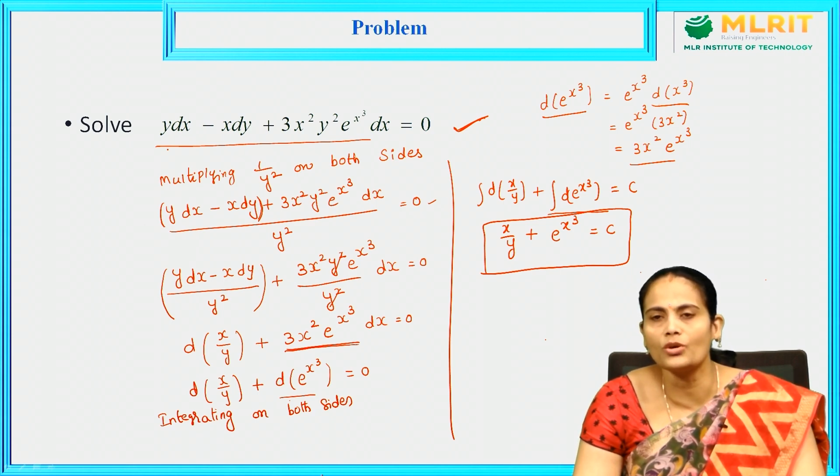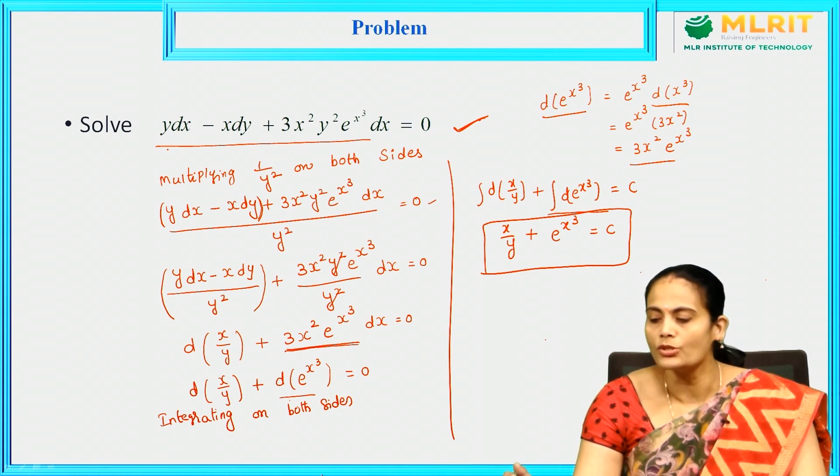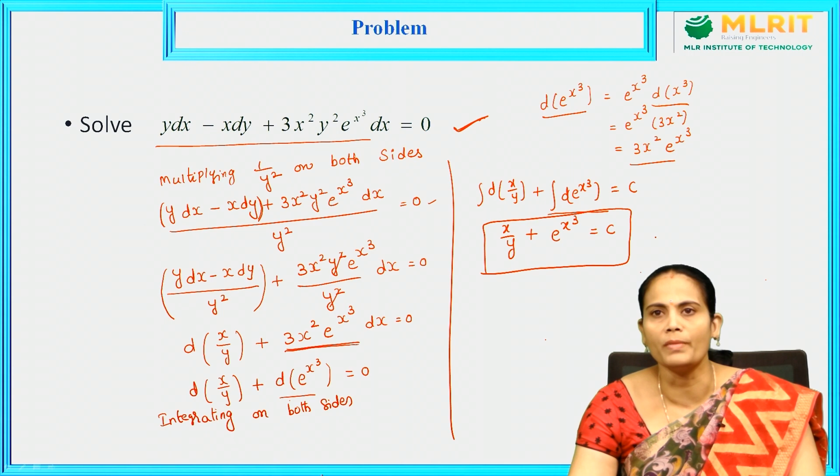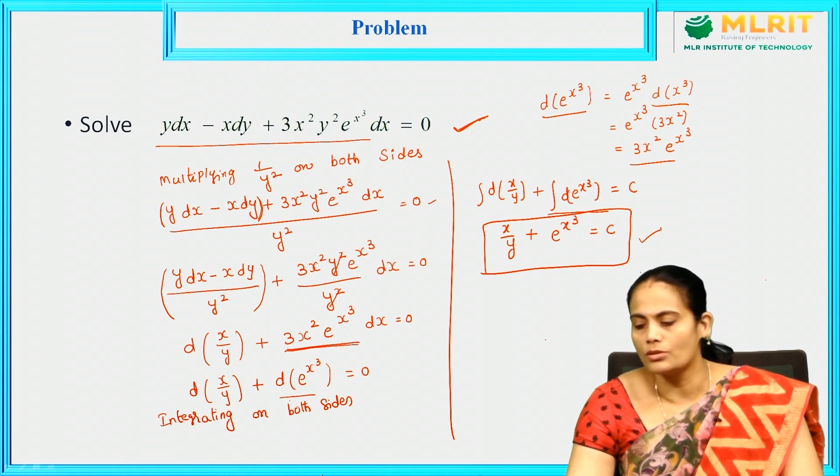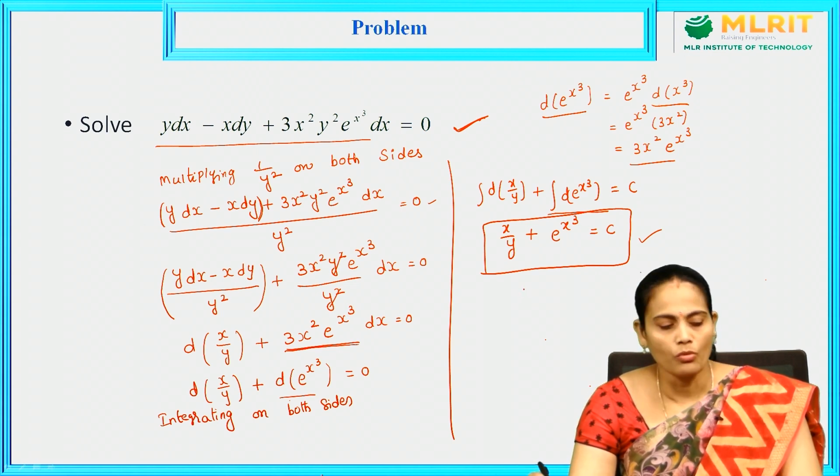Here there is no need of verifying whether the given differential equations are exact or non-exact. Directly we can get a general solution of the given differential equations. So this is the inspection method, and it is a very simple method. Today in this session, what topics did we discuss?